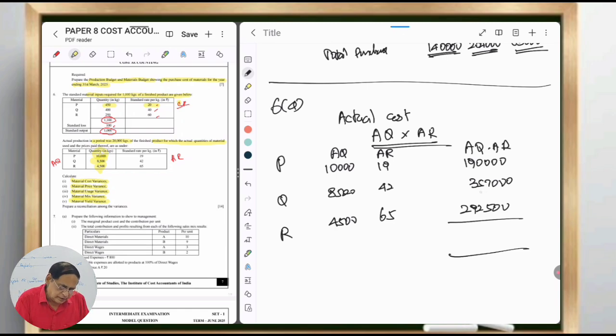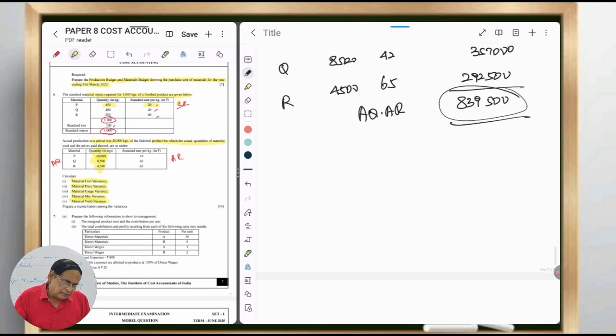Please make note of it, not 35,700. And then 4,500 into 65 is 2,92,500. So this is the actual cost for all the materials P, Q, R. So 1,90,000 plus 3,57,000 plus 2,92,500 is 8,39,500. This is AQ into AR. Make note of it.